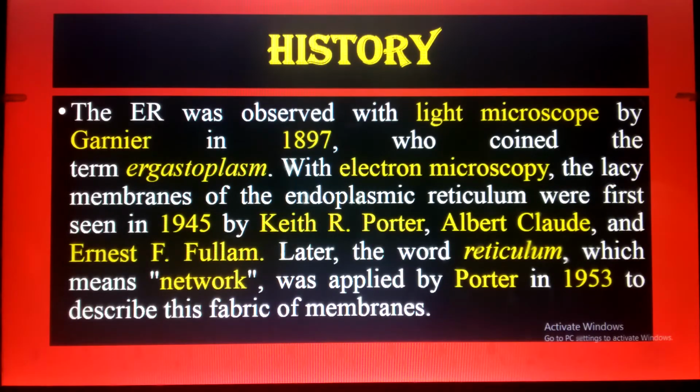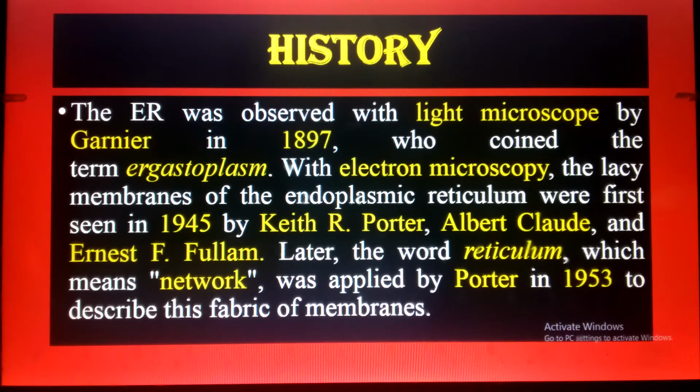Okay, so first of all, its discovery. The endoplasmic reticulum was observed with the light microscope by Garnier in 1897, who coined the term ergastoplasm. First, its name was ergastoplasm.